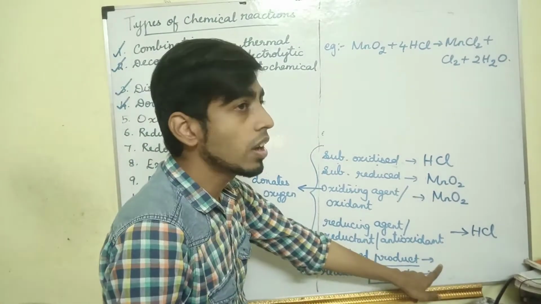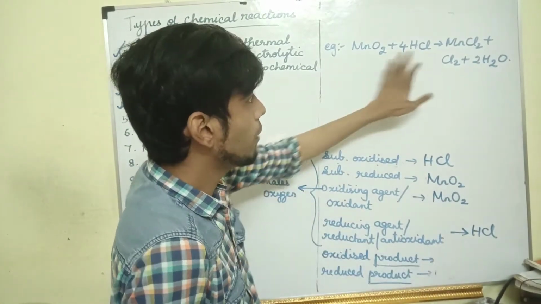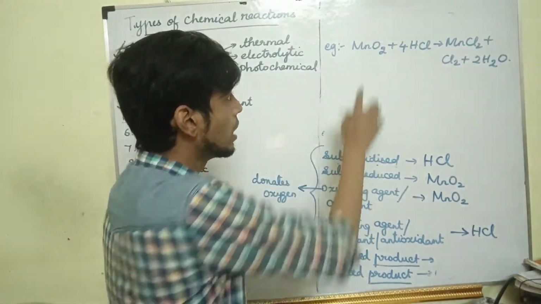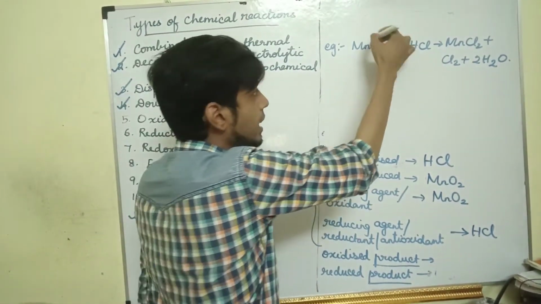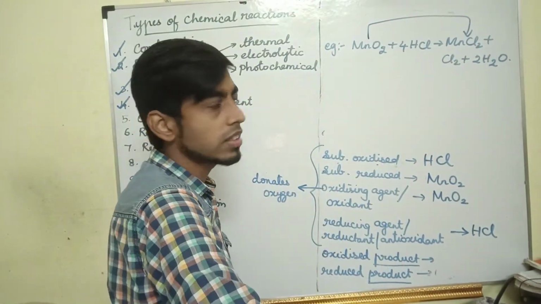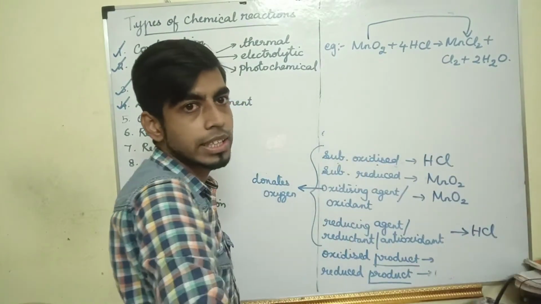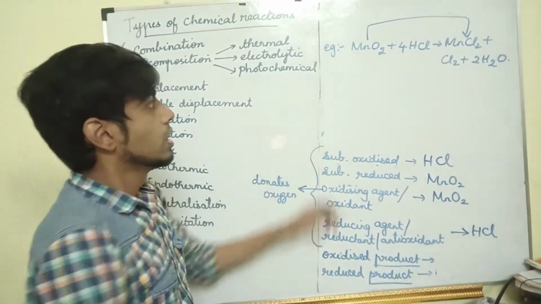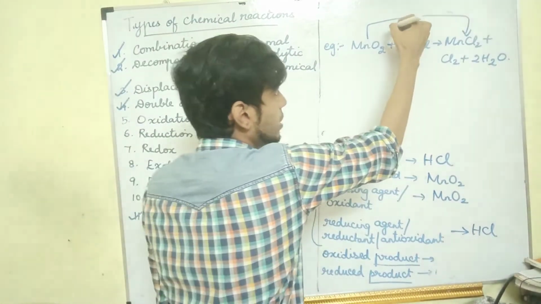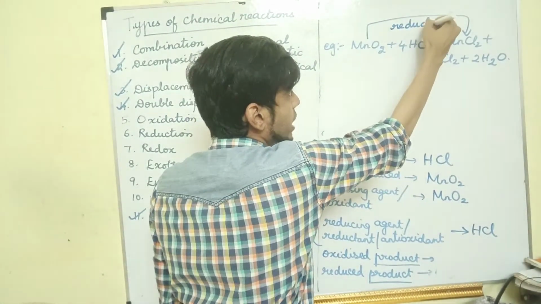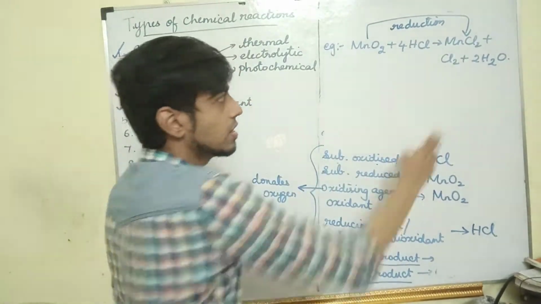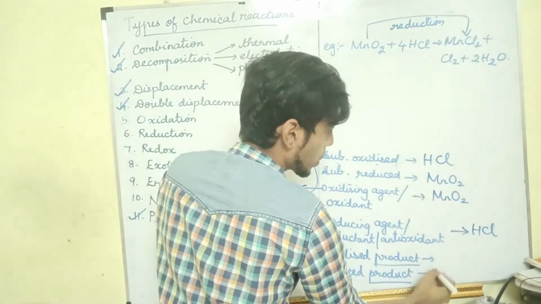So which is my oxidized product? We have to find out where oxidation and where reduction is taking place. Here oxygen is there, but here oxygen is not there. So here is removal of oxygen. Removal of oxygen means what? It is reduction. The product we get after reduction is this, so this is my reduced product.